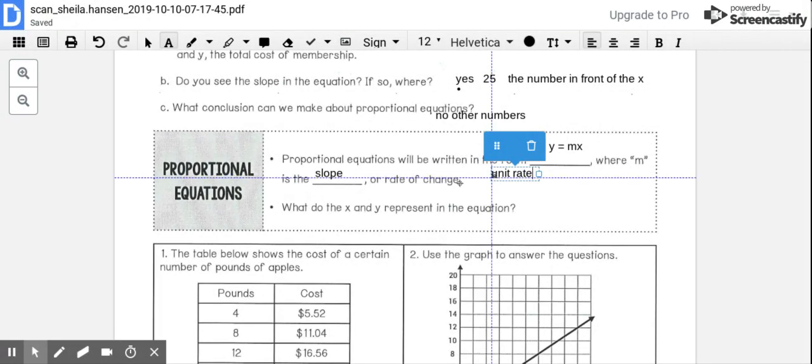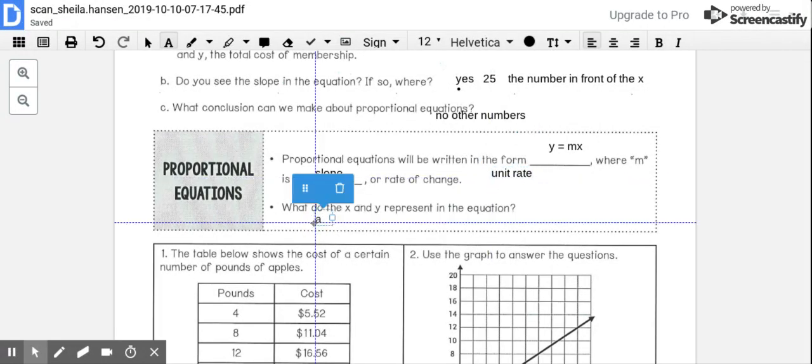And then what do the x and y represent in the equation? So they represent your ordered pairs. So it just depends on the situation. Like on that last one, it was 1 month, $25, 2 months, $50. So those are your x and y's.